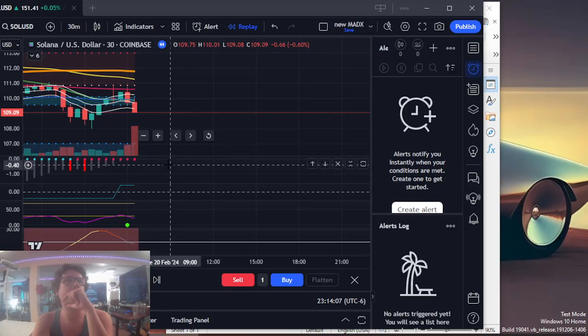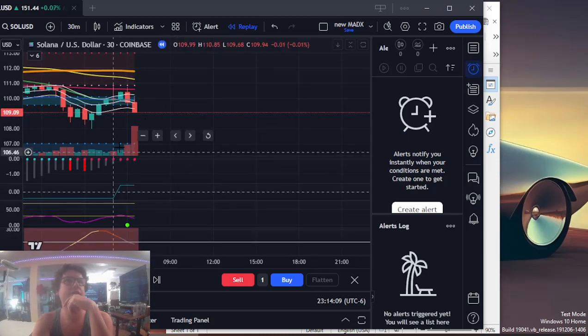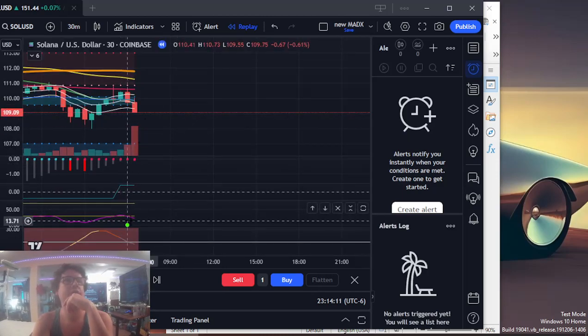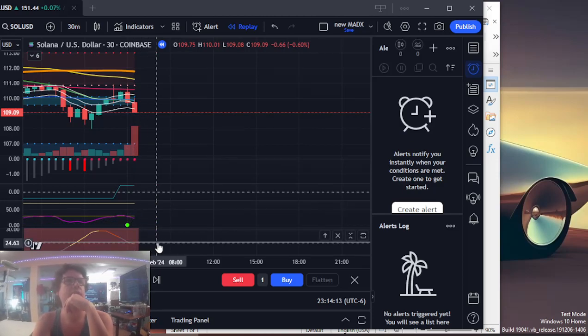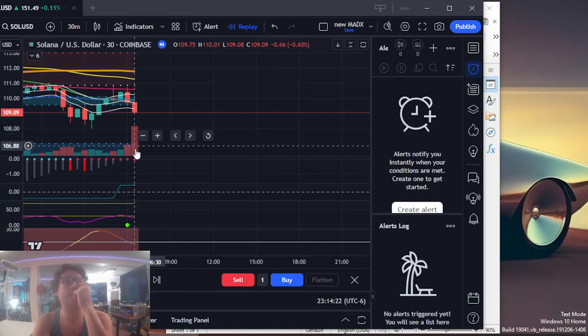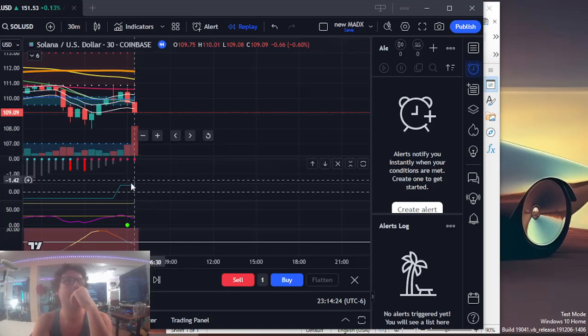So, do we have an oscillator switch? Yes, increasing. This is 2 candles. Does this round up to 25? Nope. Very close, but 1, 2, 1, 2, 3. Not quite.